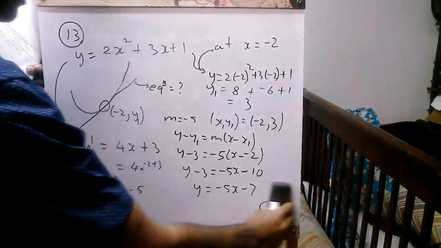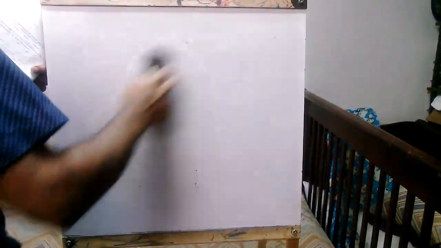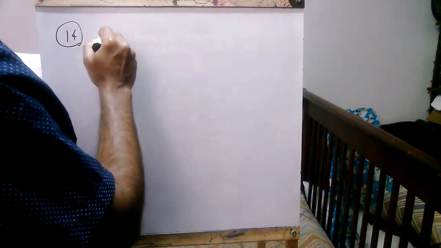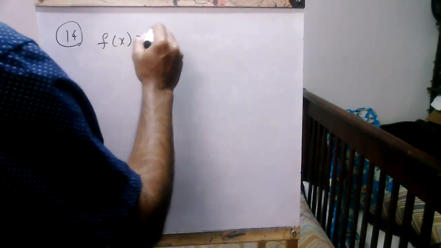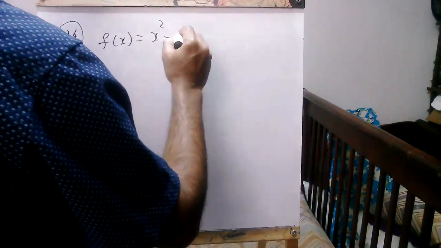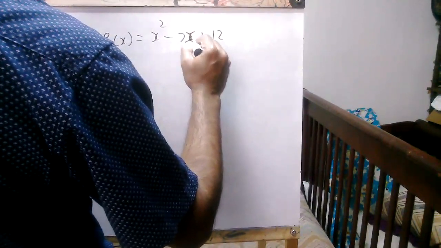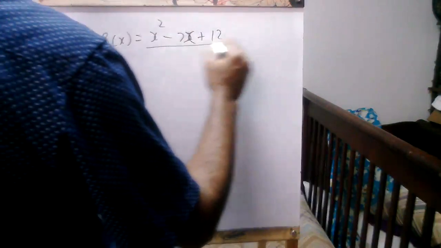Okay, I'm going to erase this. The zeros, x-intercepts of f of x equal to x squared minus 7x plus 12 divided by x minus 3.